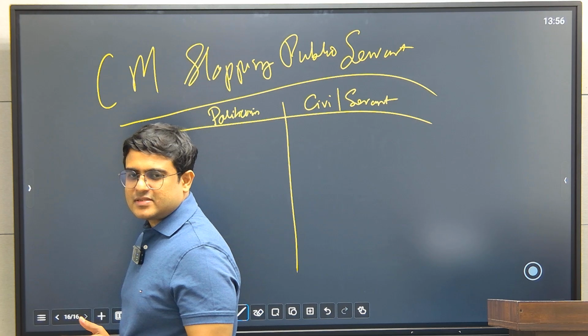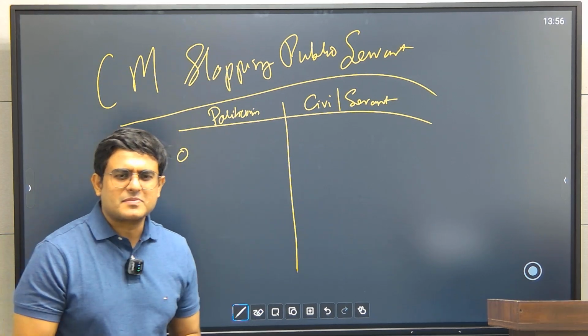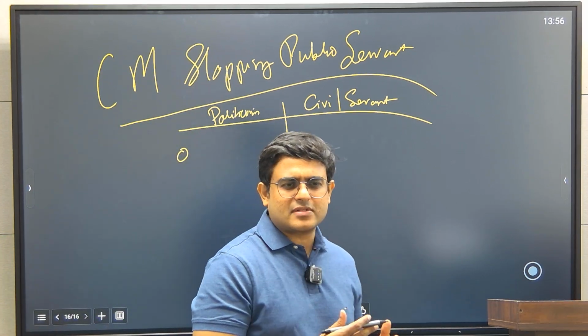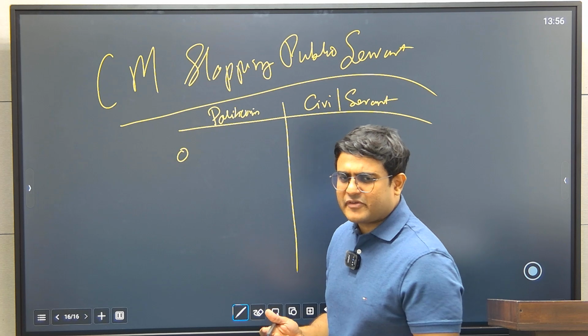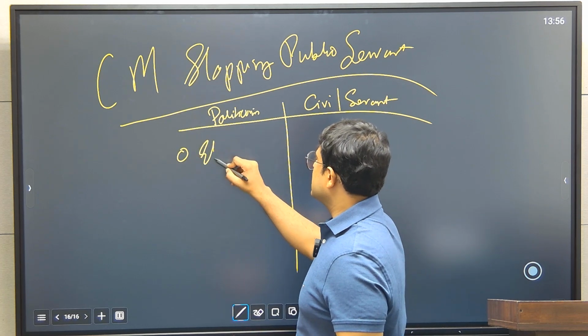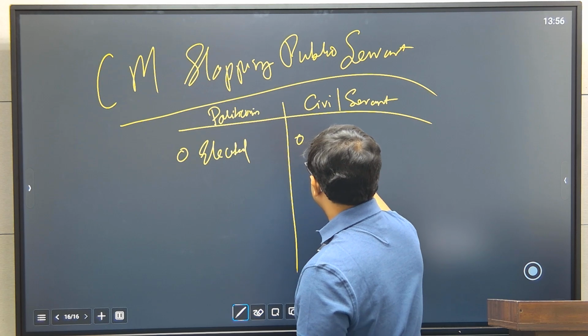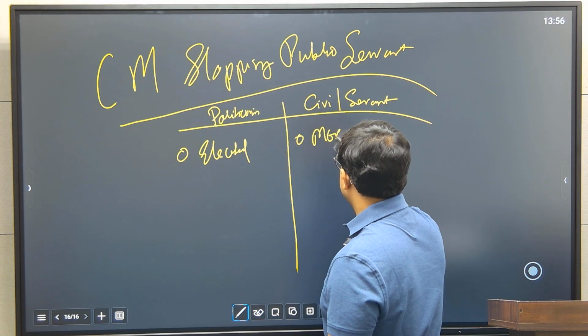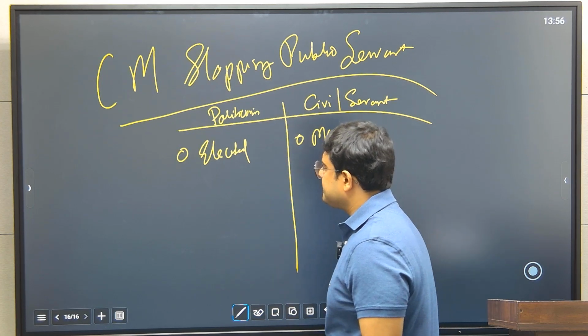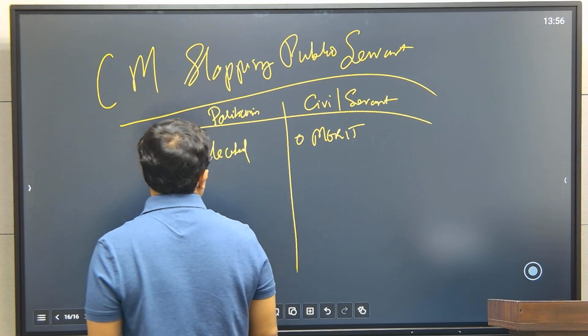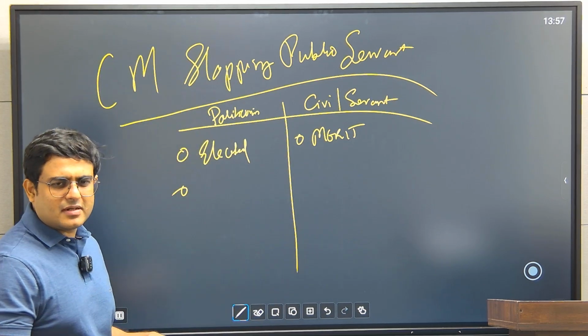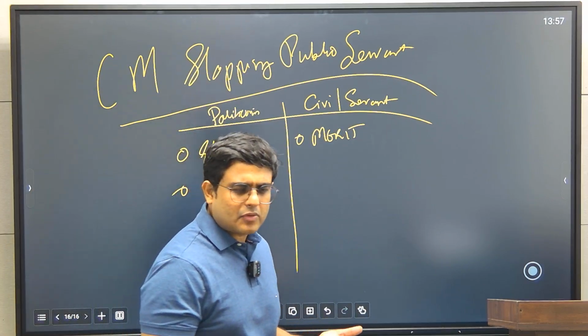See, a politician becomes a politician, or becomes a chief minister or MLA, by way of elections. So she is elected, whereas the civil servant becomes a civil servant on the basis of merit-based selection. Politicians in India mostly come from a rural background.